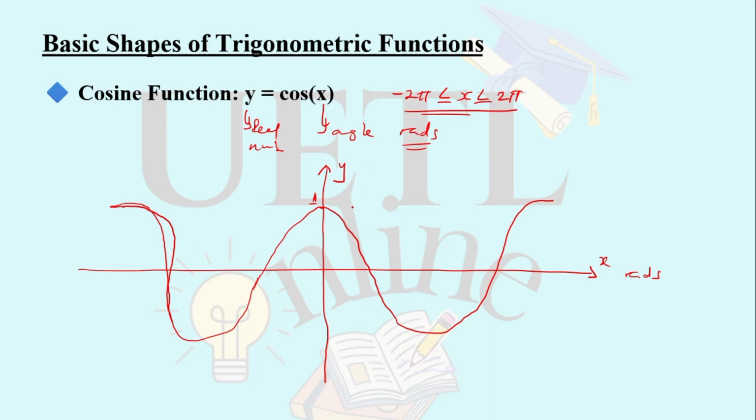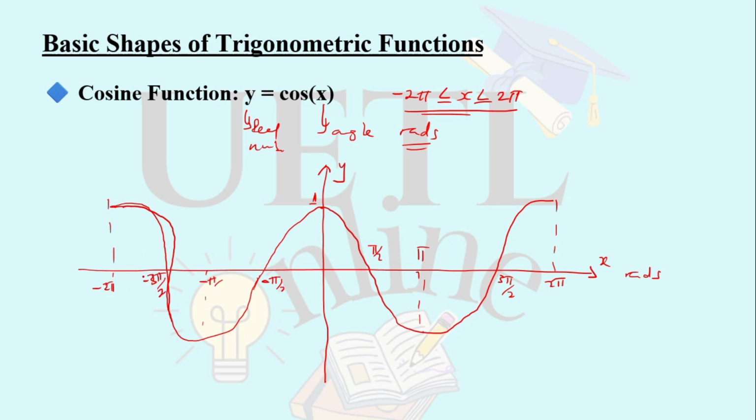Here you can see that here is pi over 2, here it's pi, here is 3 pi over 2, and here it's 2 pi. Here is minus pi over 2, then minus pi, minus 3 pi over 2, and minus 2 pi.